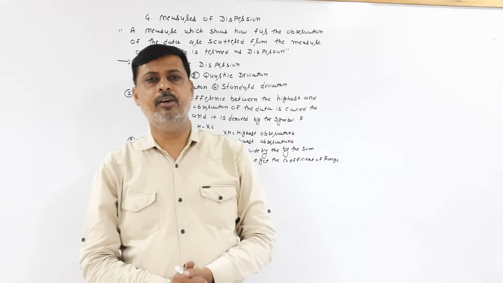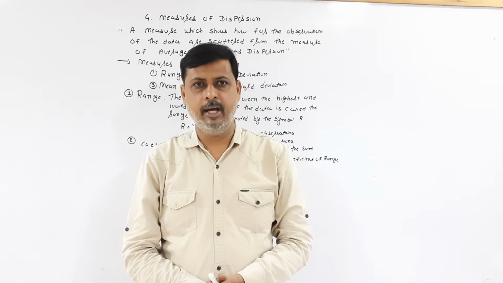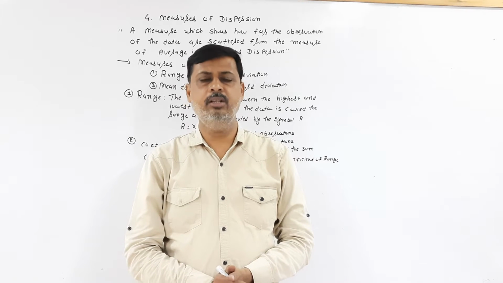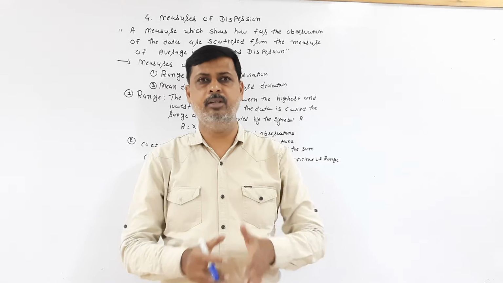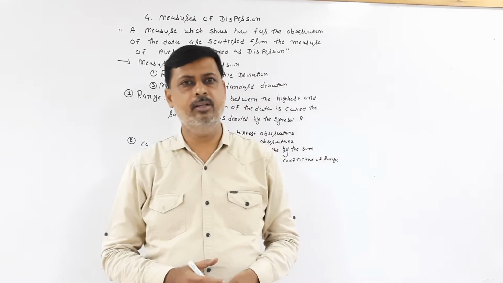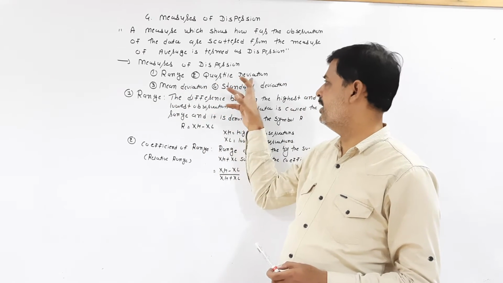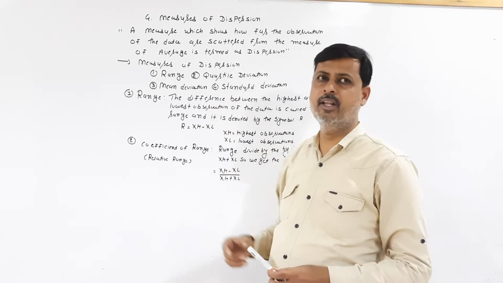So in central tendency, the appropriate measure is the mean. In this chapter, we have to find these types of measures: range, quartile deviation, mean deviation and standard deviation.